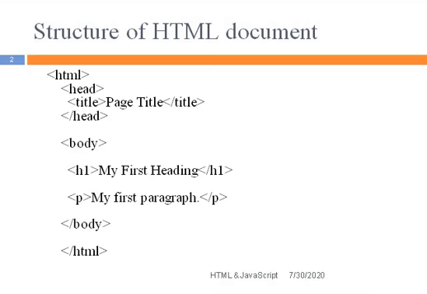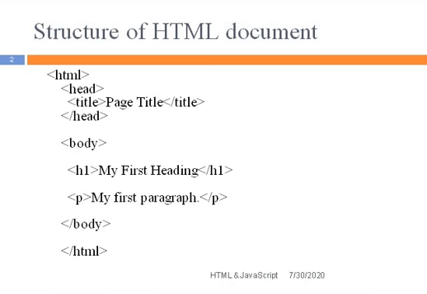In the head tag you will basically write the heading. The head tag is used for writing the headings of your web page. In that head tag there is one tag, you can see the title tag.